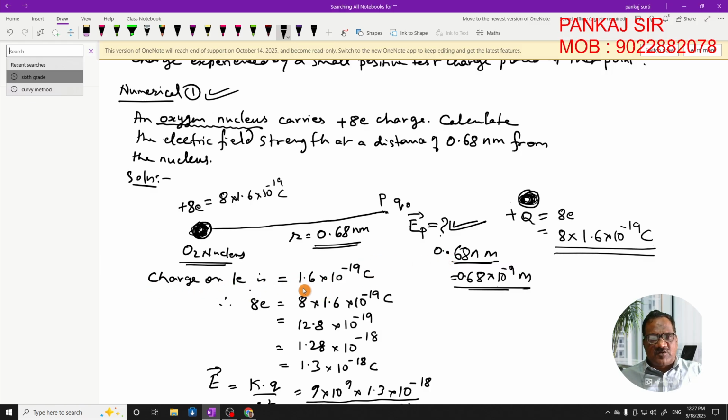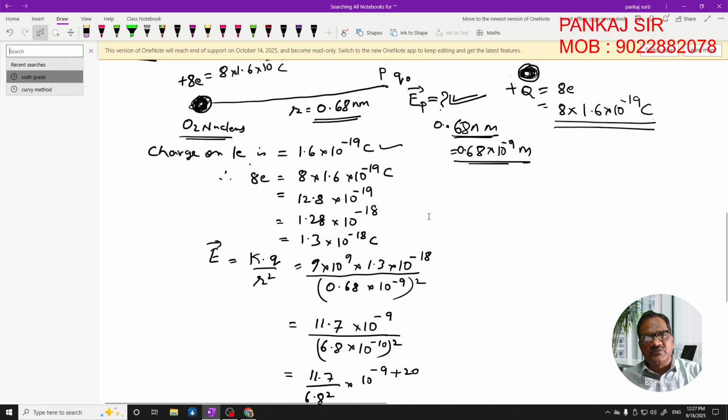Now what is the charge on one electron? The magnitude I am talking about. It is a negative charge, but we are not considering the sign. It is 1.6 into 10 raised to minus 19 coulomb. So 8e will have a total charge of 8 multiplied by 1.6 into 10 raised to minus 19, which works out to 12.8 into 10 raised to minus 19.